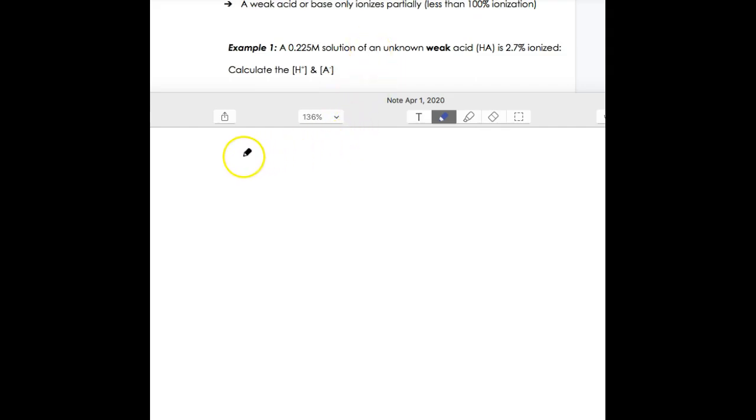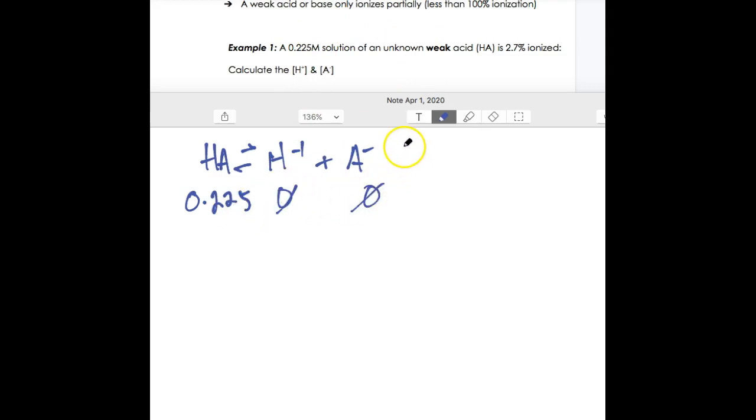So in order to solve this, we need to write our equation. We always start off with our equation. So we're going to write HA. It dissolves to form H plus and A minus. And it says that we're starting off with a 0.225 molar solution of weak acid, and we don't have any of the ions at the beginning, right?